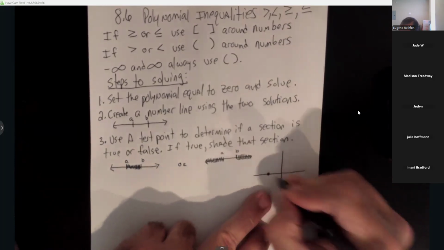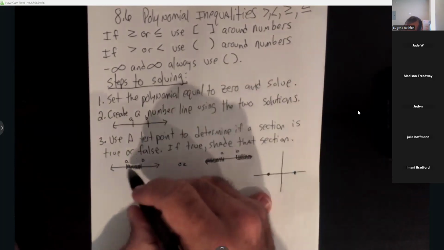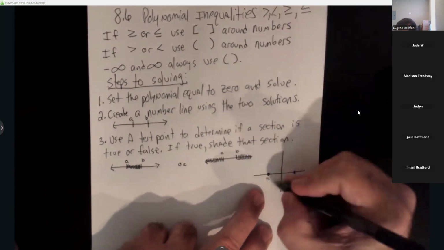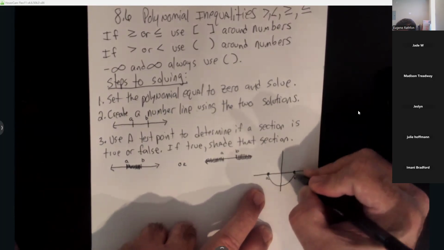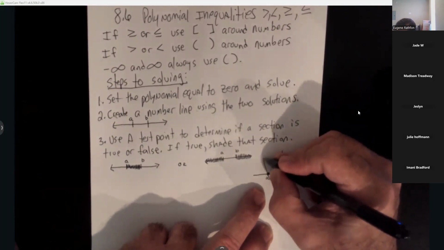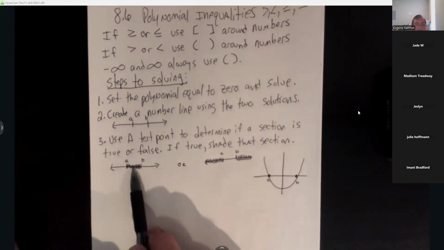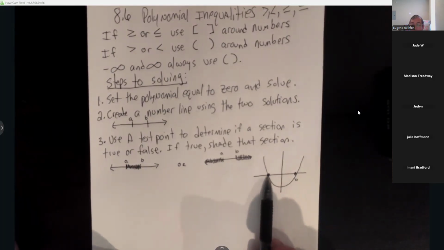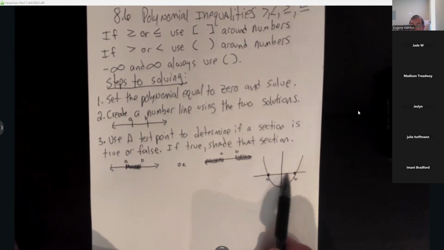So I got a quadratic equation. So say this one's A and B. So to make this one shade in the middle right here, my function would have to be greater than 0. Because remember, 0 is the x-axis.